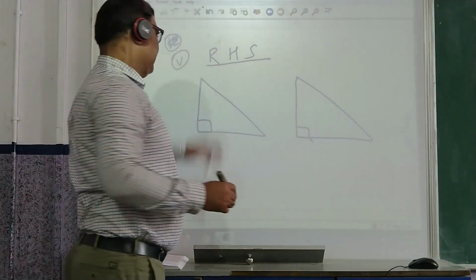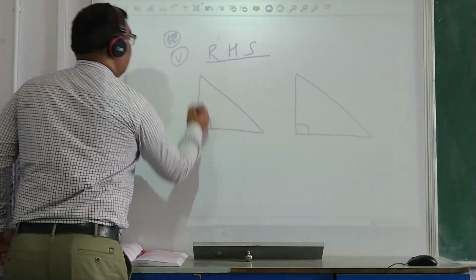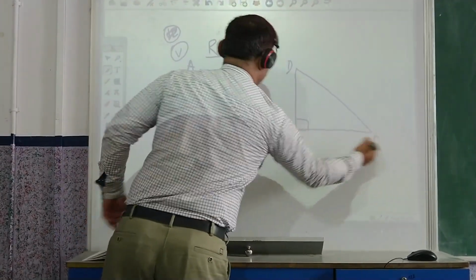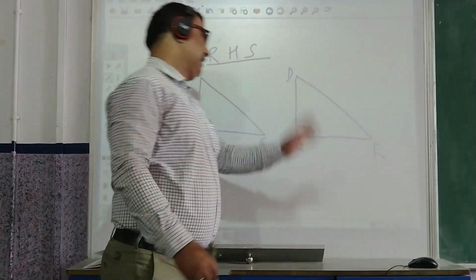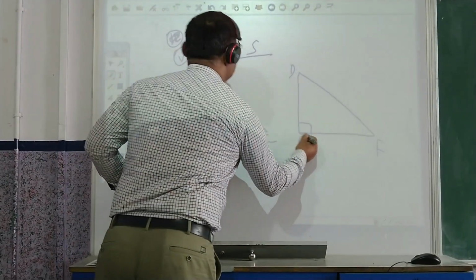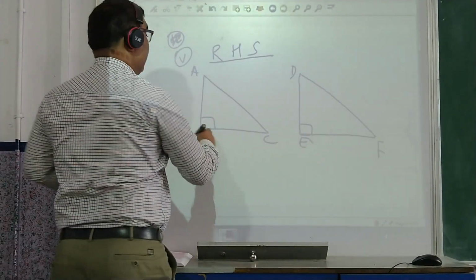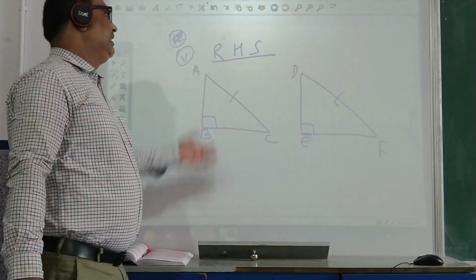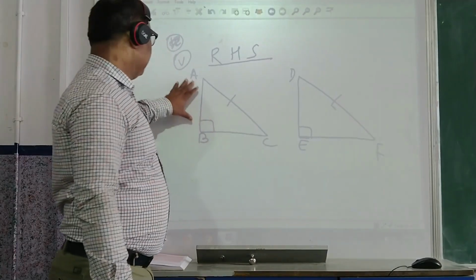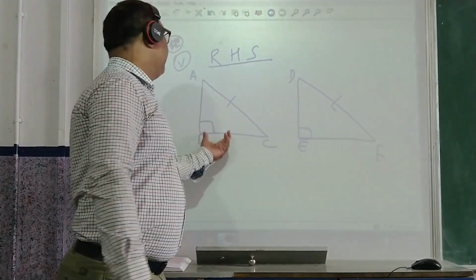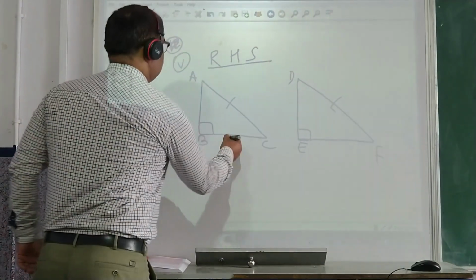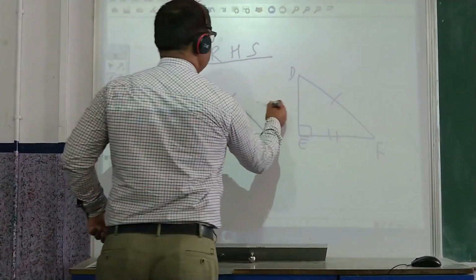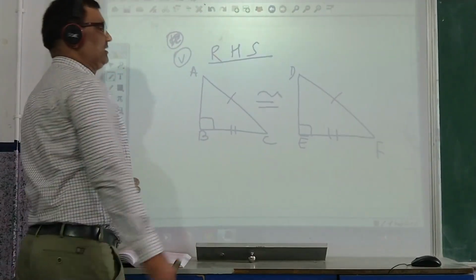So one angle must be right, as there it is ABC, DEF, B equals E, 90 degrees, right angle. Then the hypotenuse must be the same. Hypotenuse means AC must be equal to DF. Now any one side, either AB equals DE or BC equals EF. Suppose I am saying this and this are equal. They are congruent by RHS criteria.